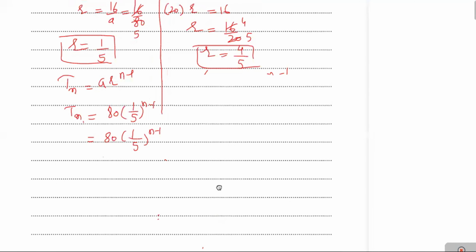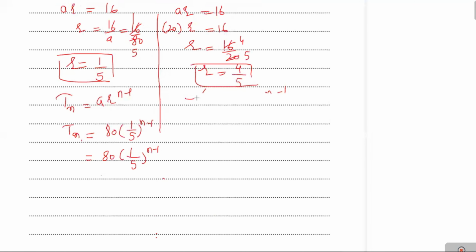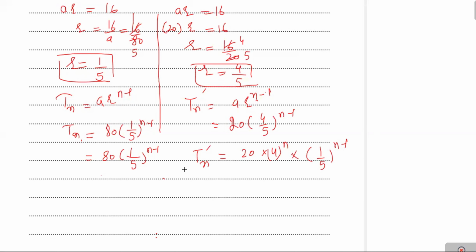We find the nth term of the second sequence. Tn will be equal to ar power n minus 1. Now a is 20, and r is 4 over 5 power n minus 1. We can write it as 20 into 4 power n into 1 over 5 power n minus 1. Now that is T dash n.